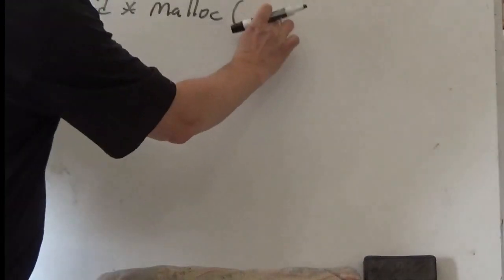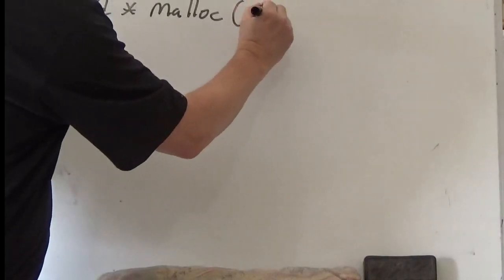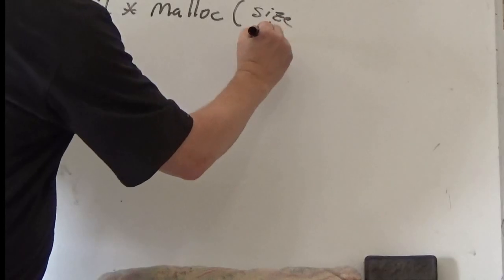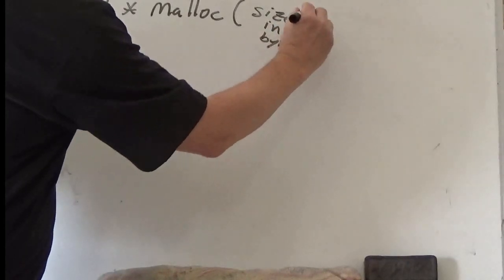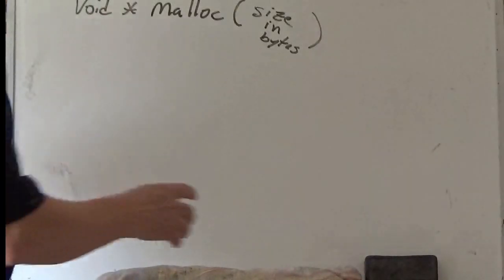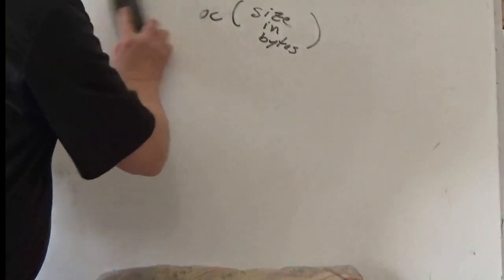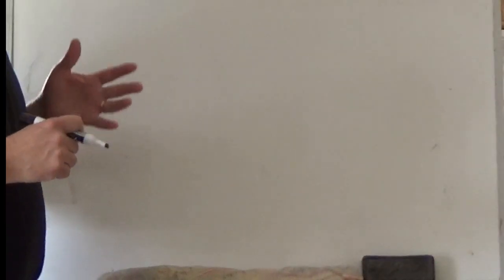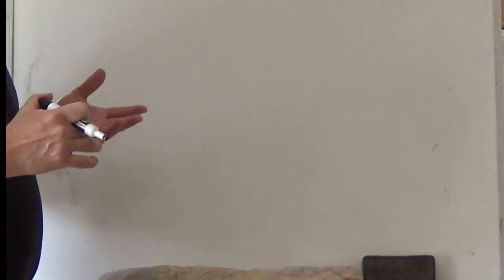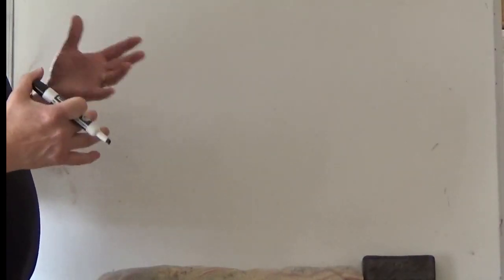Anyway, inside malloc there's just a single parameter, and that's the size in bytes of the memory that you're going to be using. So let me give a simple example of how this would work. Let's say we want to make an array of doubles, and perhaps we have the user input the size they want.